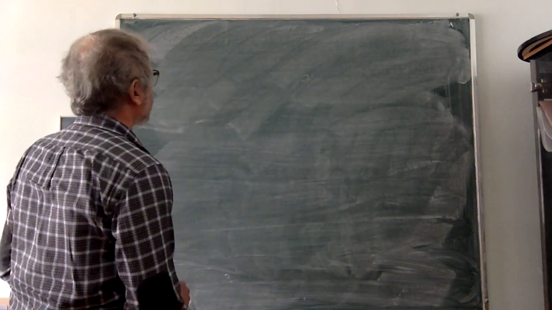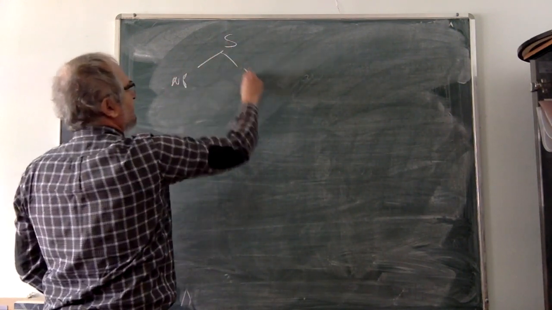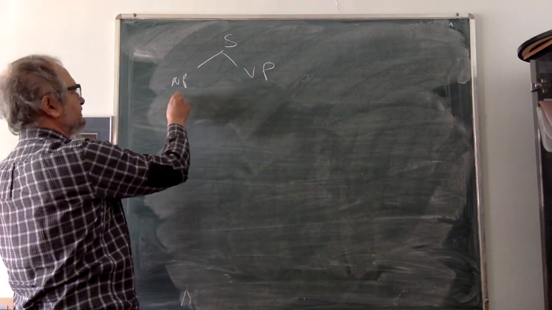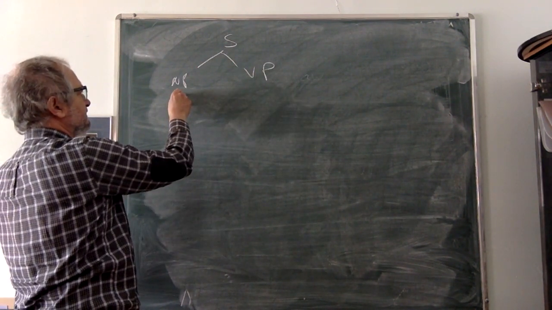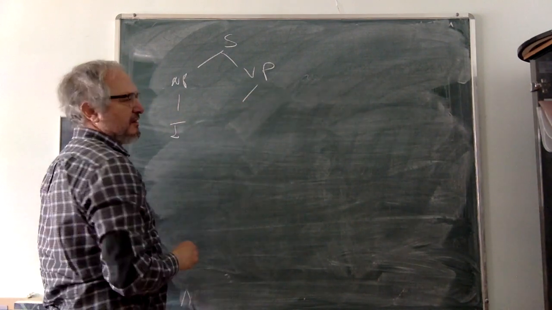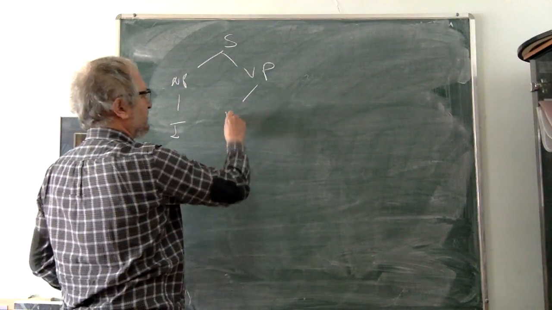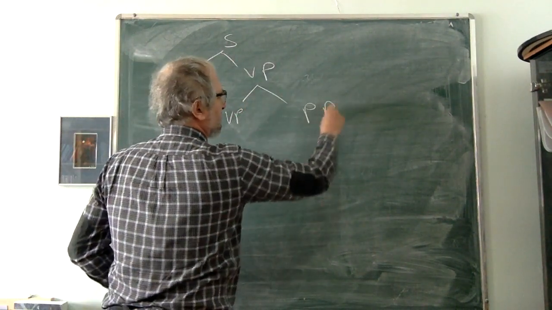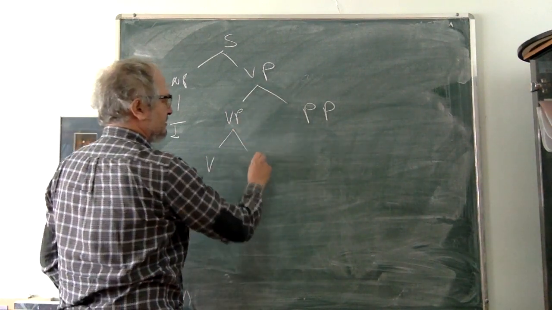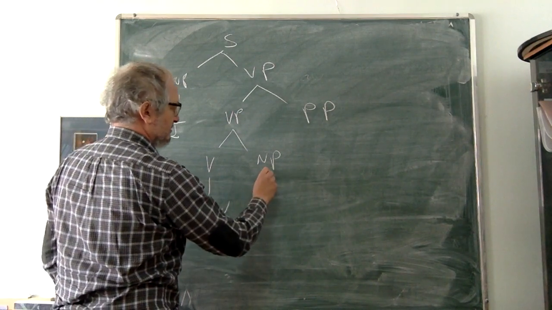So in one interpretation, it's going to be NP, and let's say this is I, and this is the man with the telescope, so it's going to be NP, PP, and this will be V and NP, this will be so.